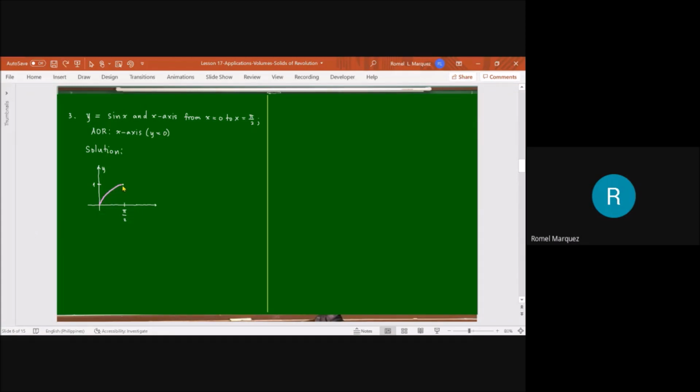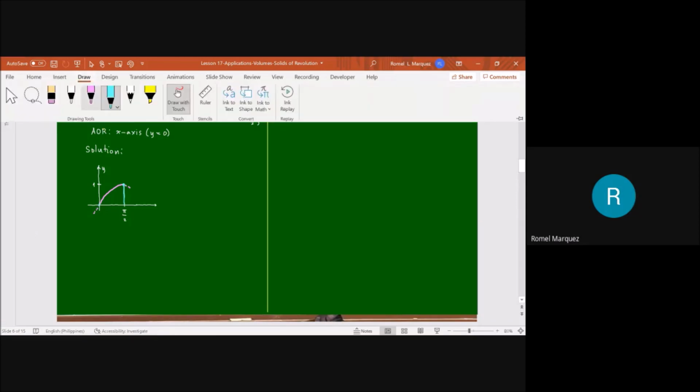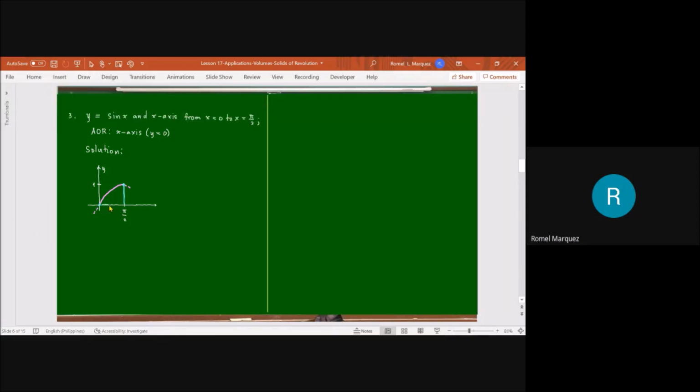If you continue the sine function, it will go down here, and to the left it will be like this. But I want only 0 to pi over 2, up to this point. And then, of course, bounded by the x-axis. So that's the region.